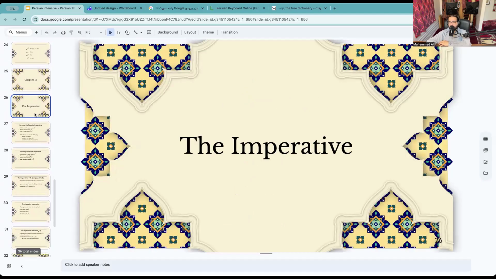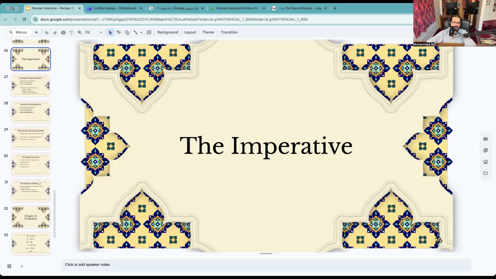All right. The imperative is super simple in Persian. You guys have actually already seen it in this class. So to command people in Persian is not difficult. Maybe you guys have gotten annoyed with me saying that everything is not difficult, but truly I feel like it's not. All you do is add the letter B to the stem.